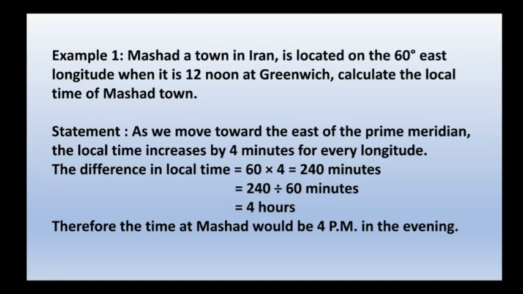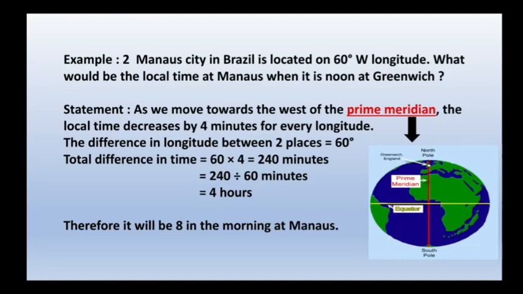The difference in local time is equal to 60 into 4, that becomes 240 minutes. So 240 minutes divided by 60 minutes is 4 hours. So therefore the time at Mashhad would be 4 p.m. in the evening.